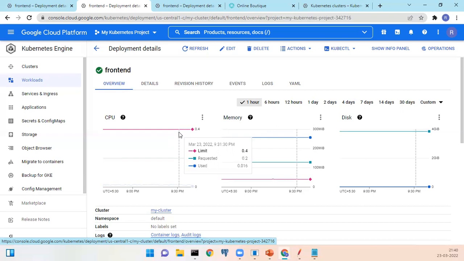In that case, what happens? As and when new pods are created for the workloads, it will direct GCP to auto scale the nodes.